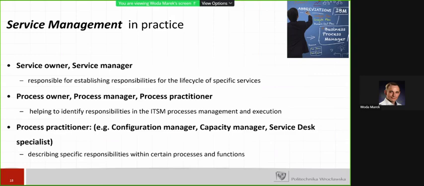So they are, I would say, a helping hand for service owners to deliver specific processes that enable us to provide the services. And within the process, there are specific roles within the process practitioner, like configuration manager, service manager, capacity manager, and so on, which are persons responsible for the defined processes.